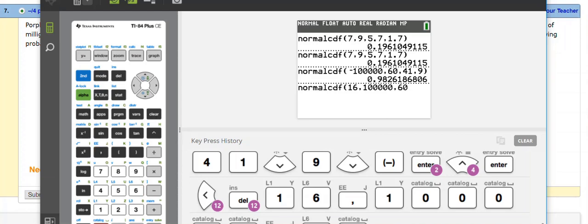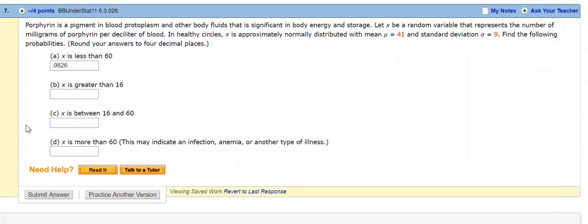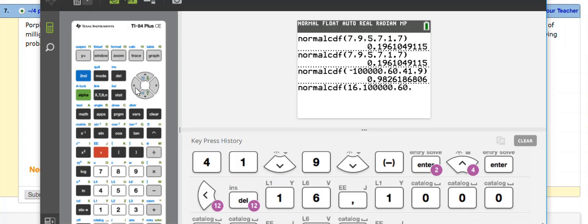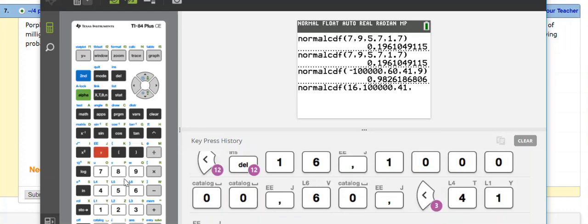So then my mean is 41, and the standard deviation is 9. So let me make sure I get that right. Mean is 41, and the standard deviation is 9.